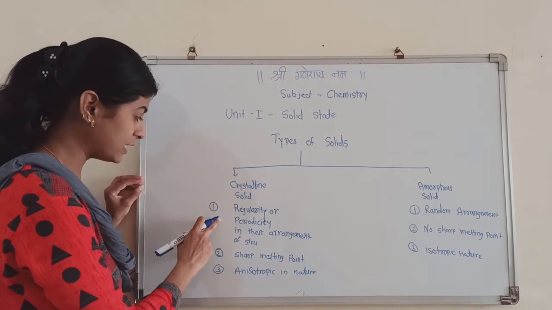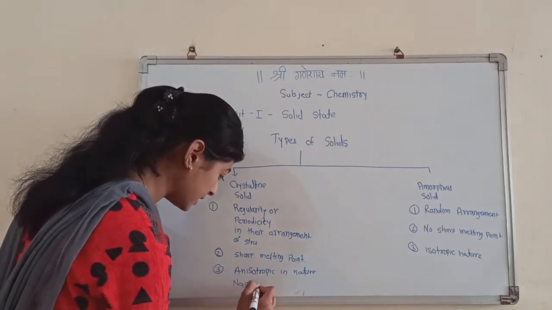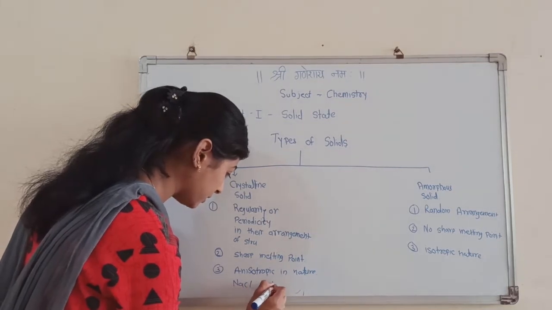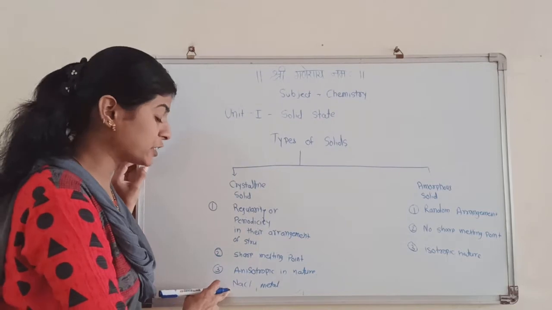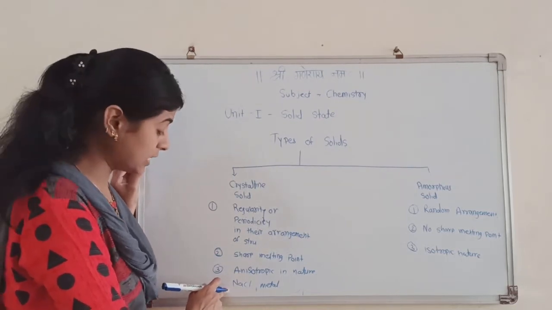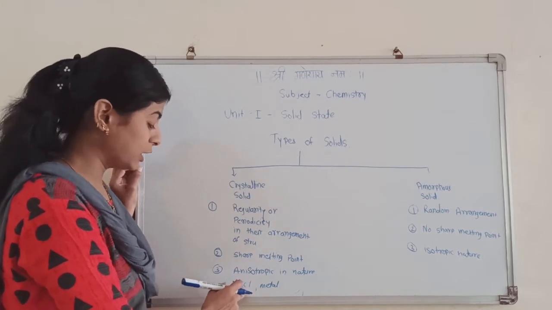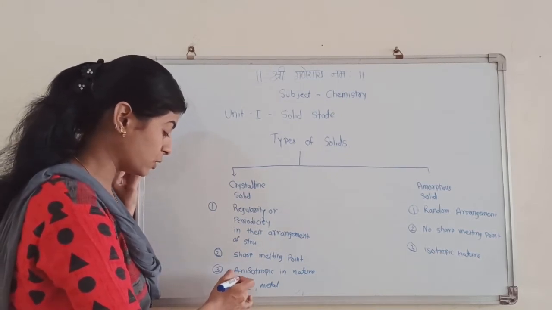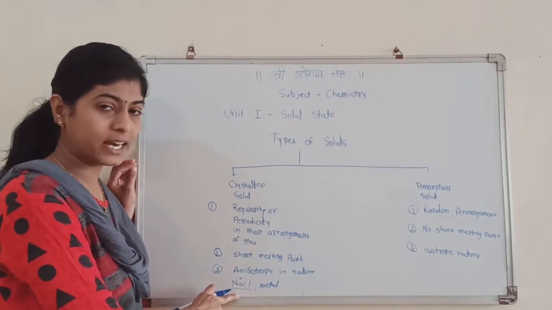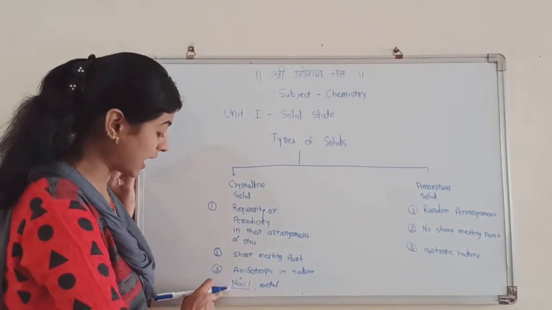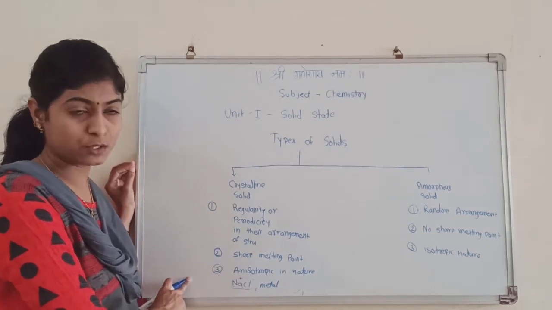Now crystalline solids include examples like salt, that is NaCl, and metals. They are closely packed or have a fixed arrangement of their atoms or ions, that is Na and Cl. It means the salt contains Na positive and Cl negative ions in a fixed direction, and each Na positive ion and Cl negative ion has a fixed arrangement.